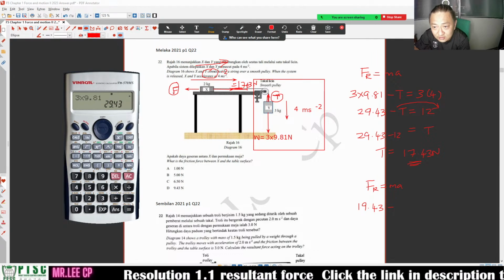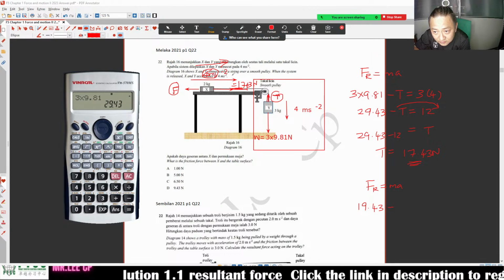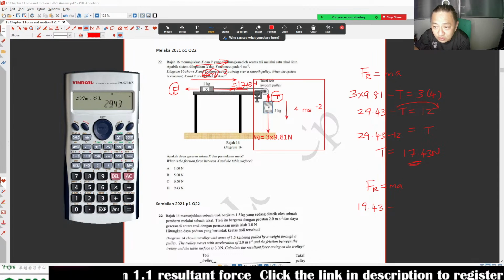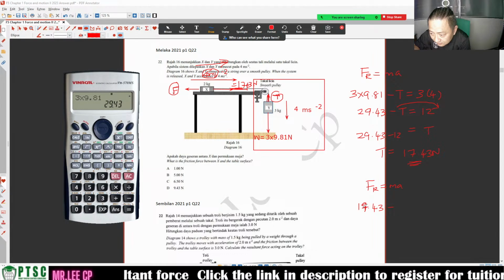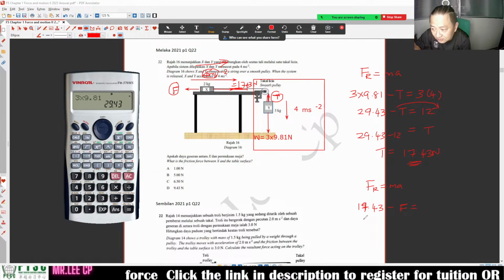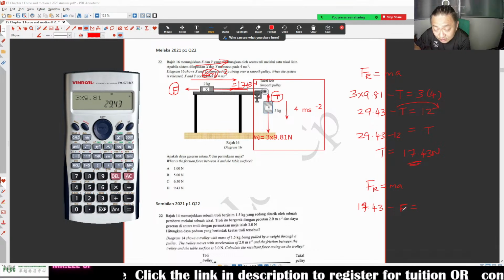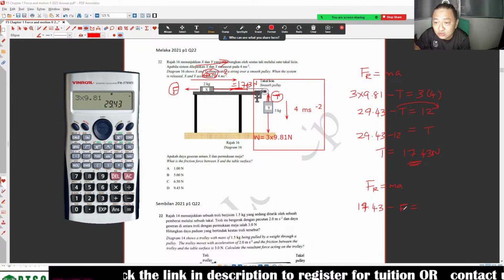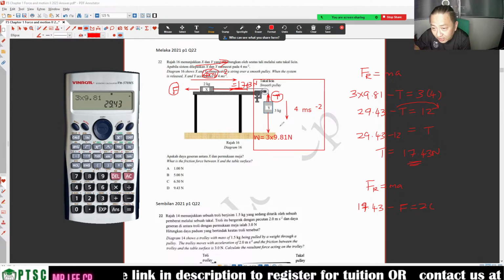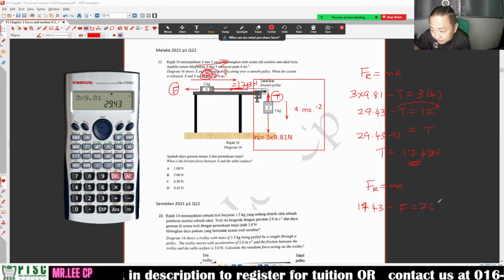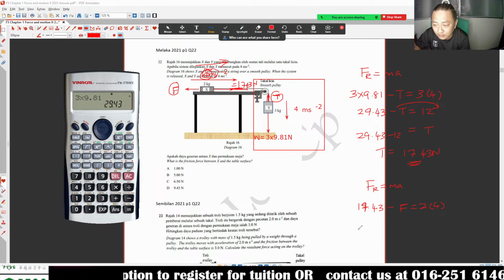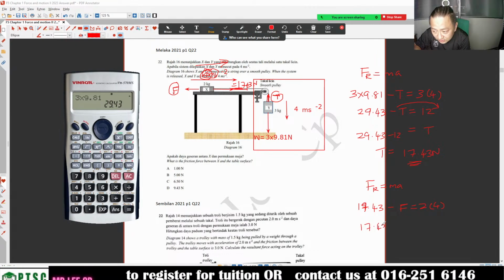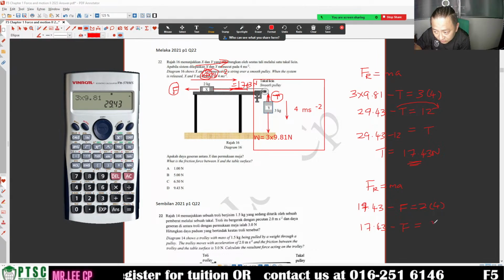I don't know the friction force. The acceleration is 4. So 17.43 minus F, the frictional force, is equal to MA, which is 2 times 4, so 8.